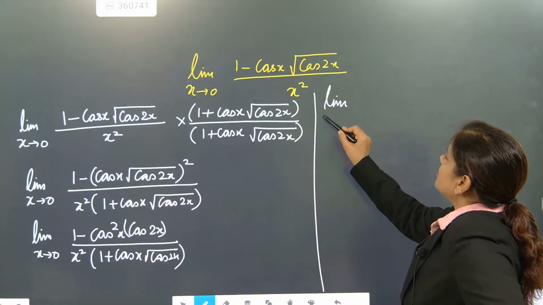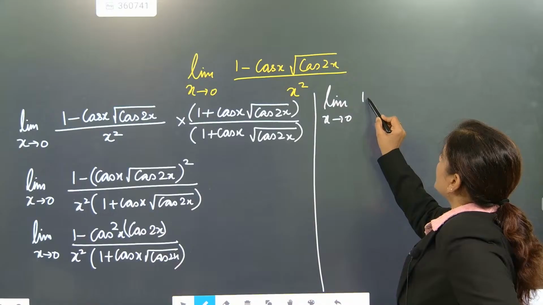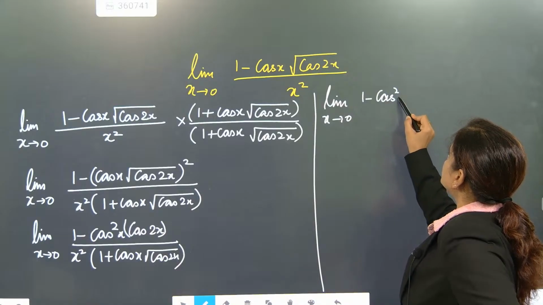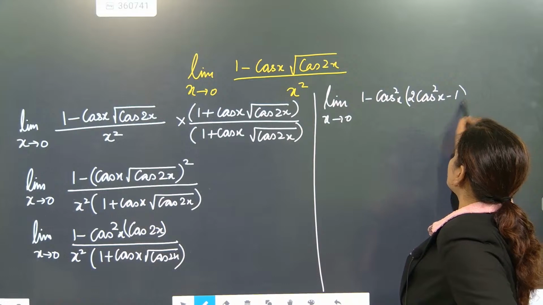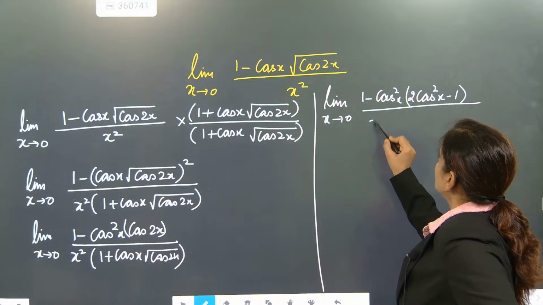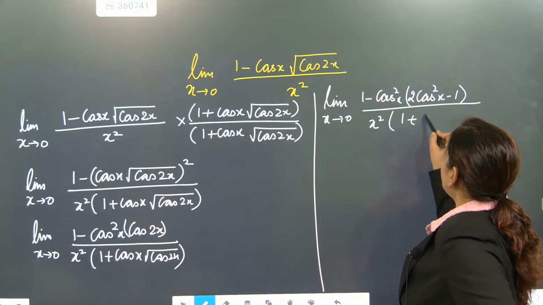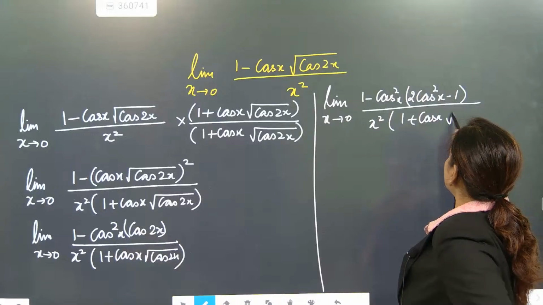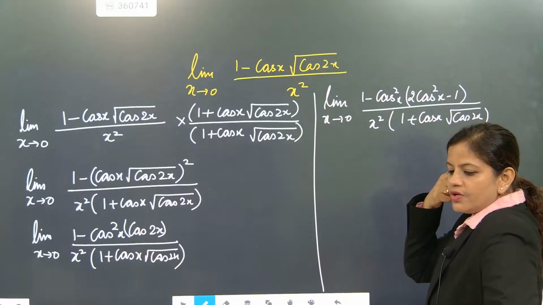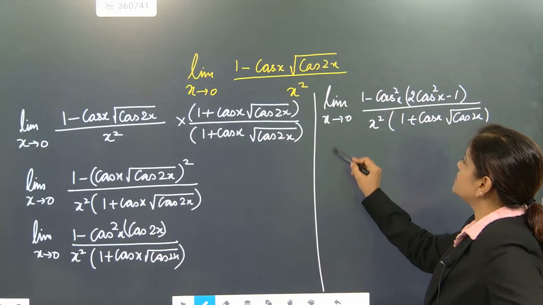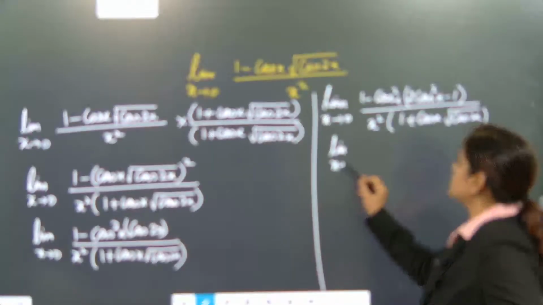It will become limit x tends to 0, 1 minus cos square x, it will become 2 cos square x minus 1 by x square 1 plus cos x into root under cos 2x. Done. So now you need to multiply this. So limit x tends to 0.